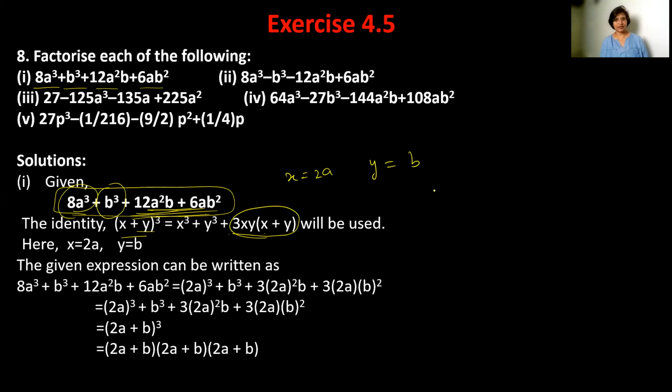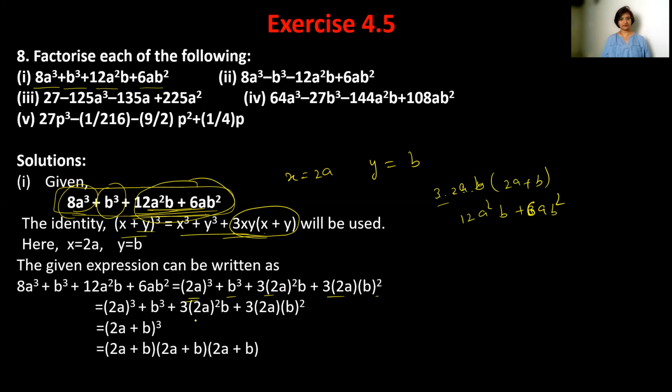Here 3xy is 3 into 2a into b, into (x plus y), 2a plus b. Now check: 3 into 2a is 6a, 6 twos are 12, so 12a square b plus 6ab square, and we got the same expression. So we can write this expression in the form of this identity.